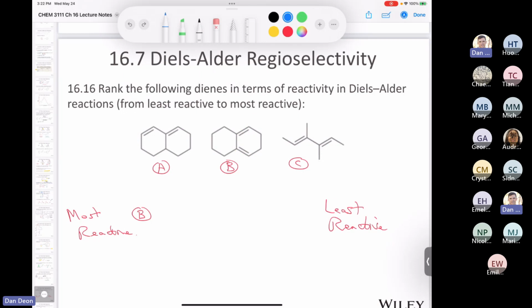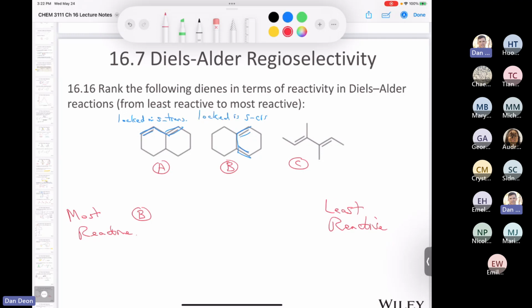Right? This is locked in S-cis, goes like this, right? It's locked in that way, okay? But in A, you see this is a fused ring, so this is locked in S-trans. Okay, so that's going to be completely unreactive.